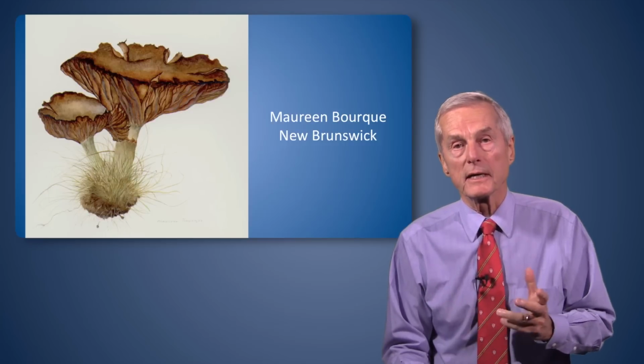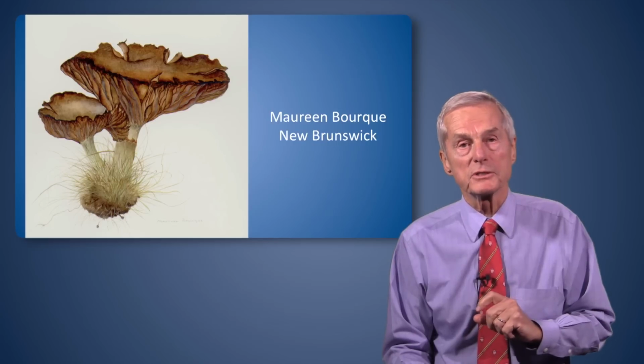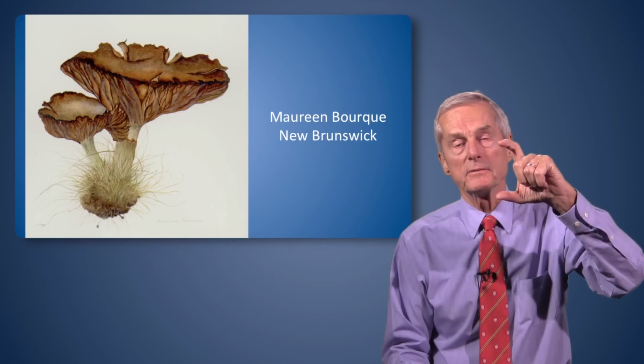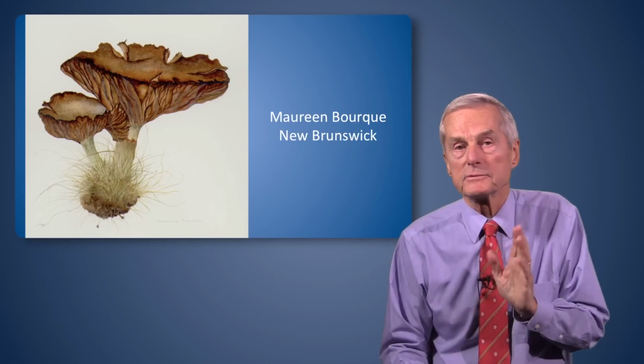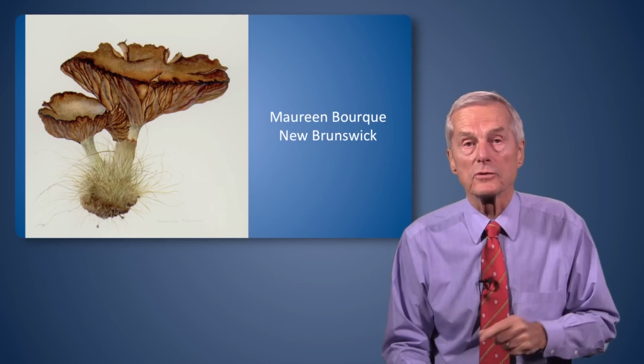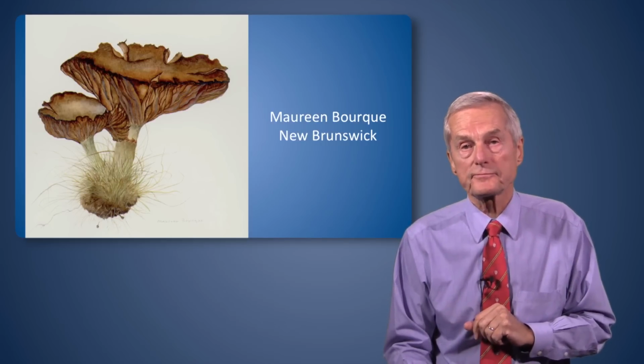And one of my own, which my wife and I happened to buy, by Maureen Burke of New Brunswick. This painting is only about this high, but it has an enormous number of details just because people were interested in food, or this being, of course, an unusual mushroom.